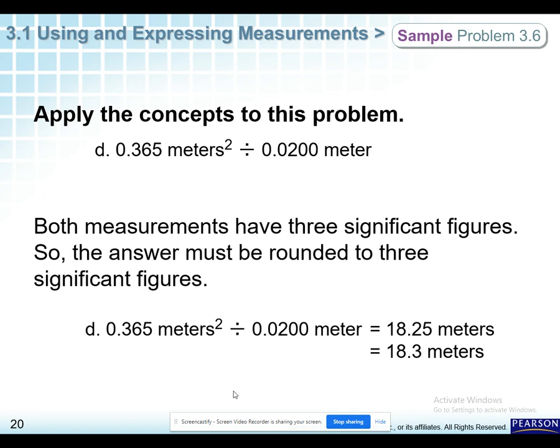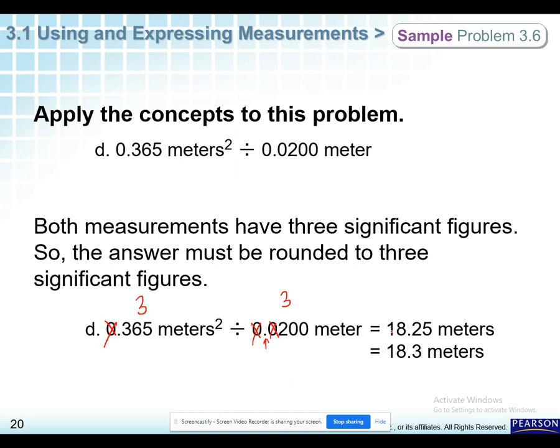And the last example is if we were looking at 0.365, it has 3 sig figs. This 0 is a leading, so it does not count. If I look over here, this one also has 3 sig figs. These are leading zeros, so they can't count. However, these zeros on the end, the trailing ones, do count because there is a decimal.